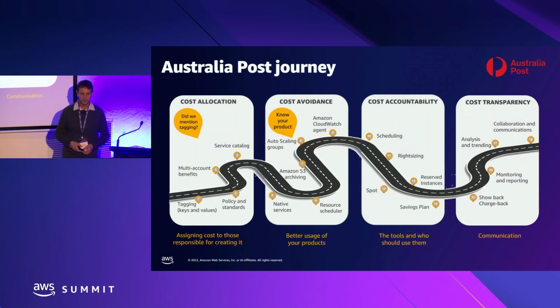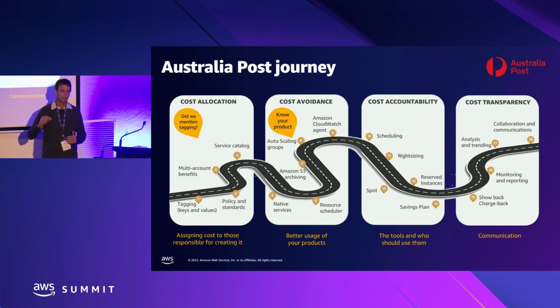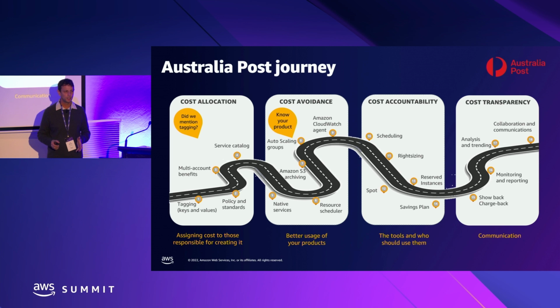So what I did at Australia Post is build out basically four pillars of our FinOps strategy. The first one, obviously, cost allocation. The first thing we did beyond anything was tagging. Get a tagging strategy, tagging standards. Unfortunately, it's really hard to enforce those, but it was really good because we did onboard other cloud vendors.